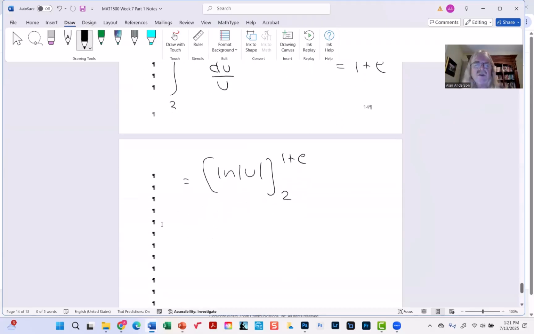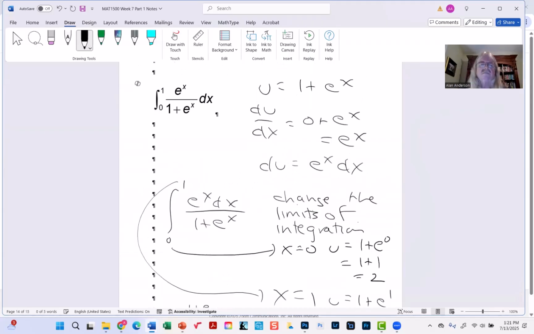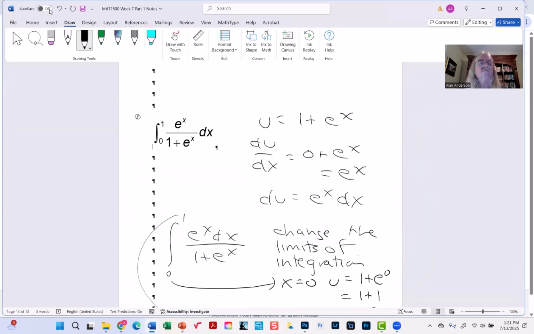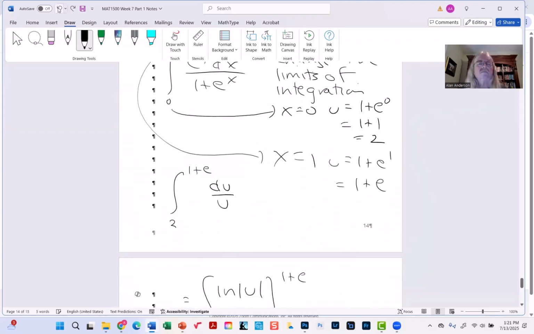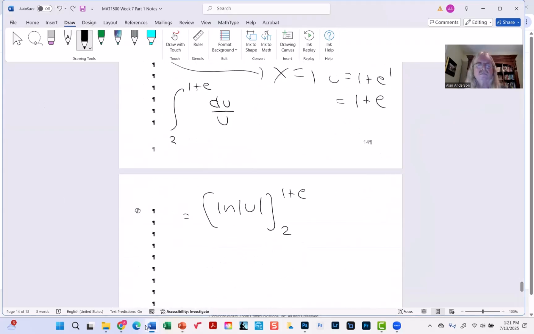Right? So that's going to leave us with natural log of absolute 1 plus e. Now, 1 plus e is guaranteed to be positive, so we can just drop the absolute value signs.